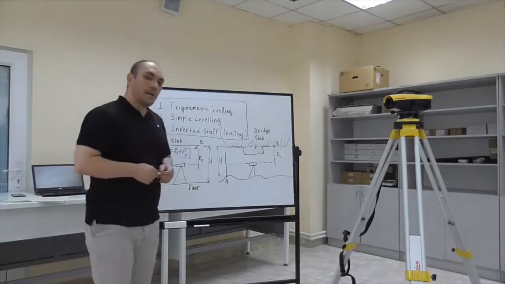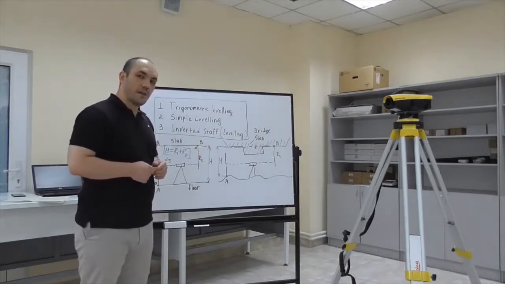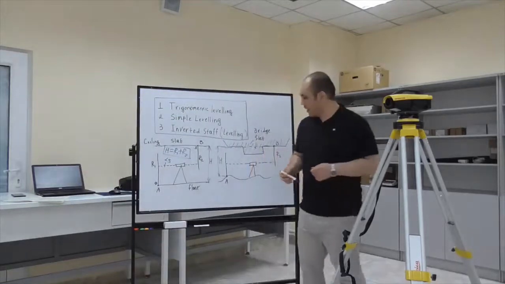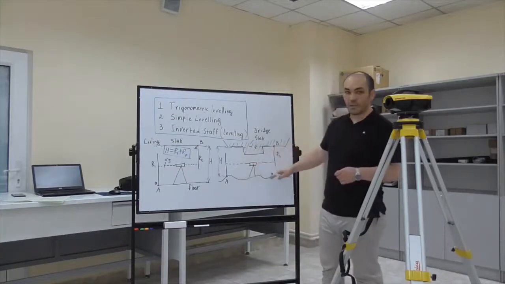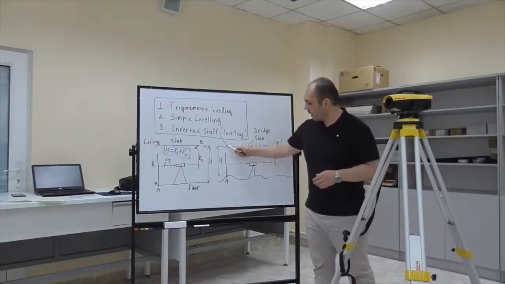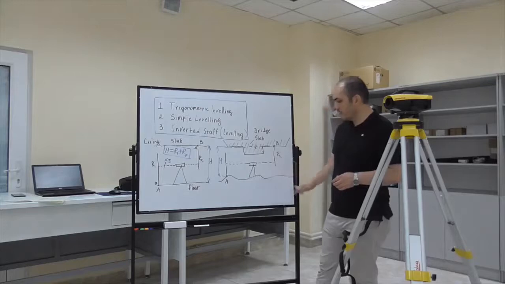The inverted staff method is also used to identify heights under a bridge. Just imagine this is the bridge, and this is the irregular terrain.